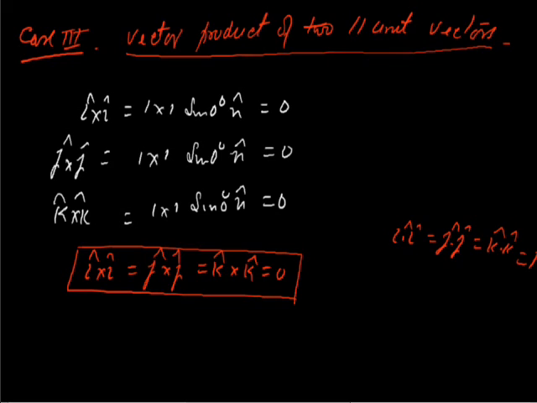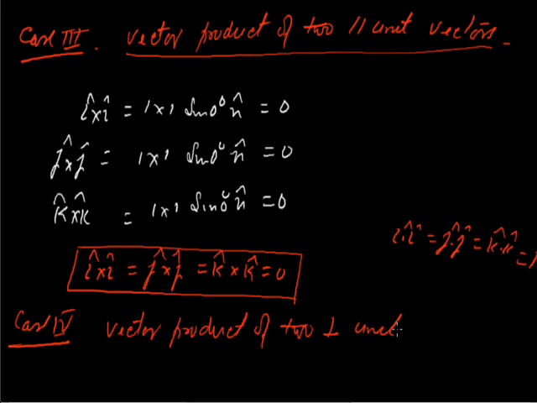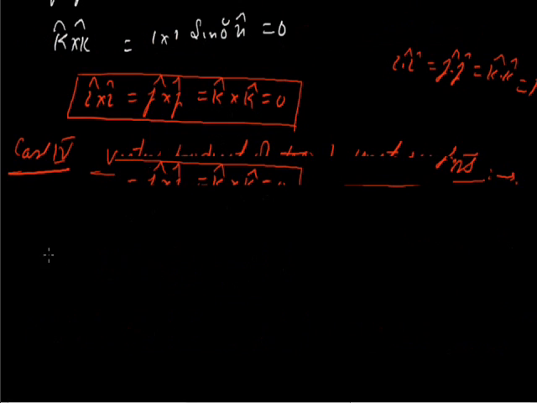Now case fourth, vector product of two perpendicular unit vectors. We have to multiply i and j, i cross j, that will be 1 into 1 into sine of 90 degrees n cap, that's only n cap.